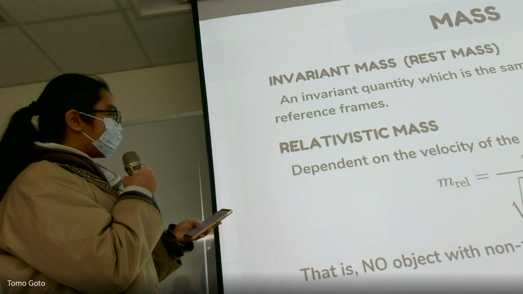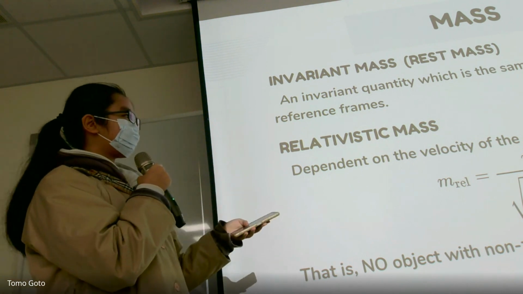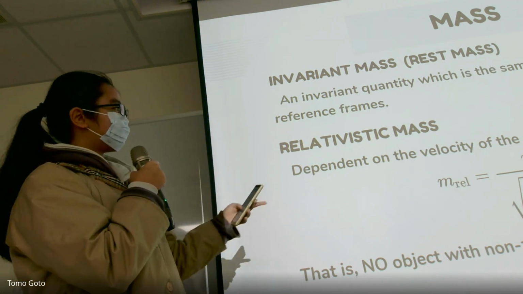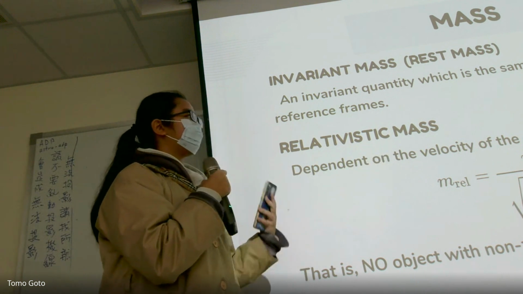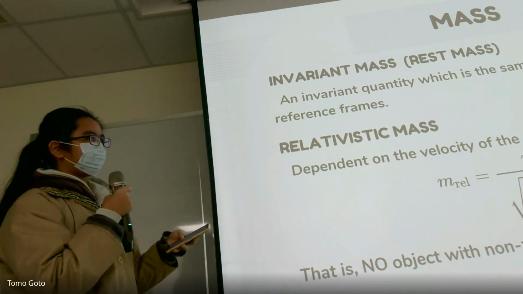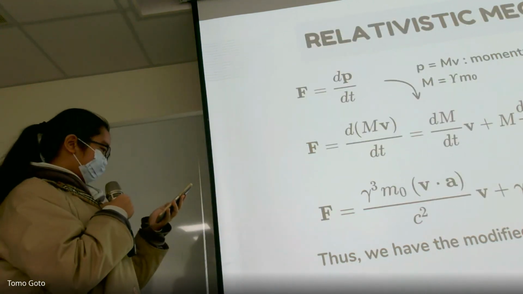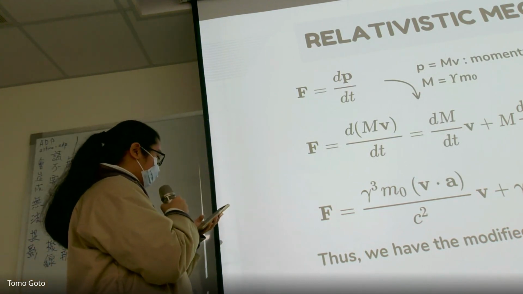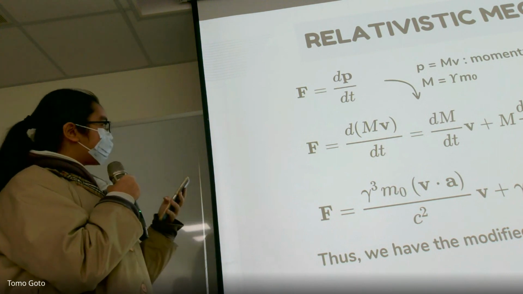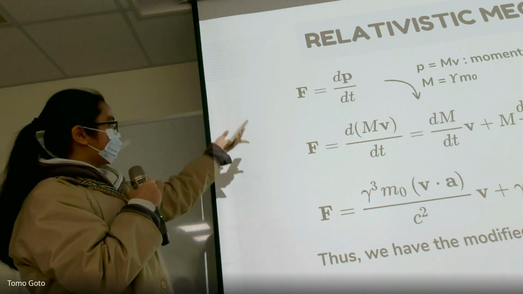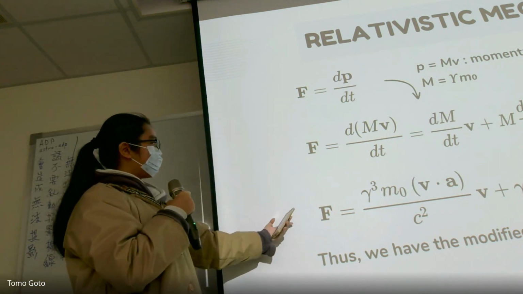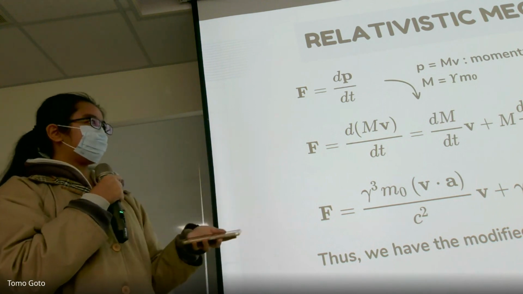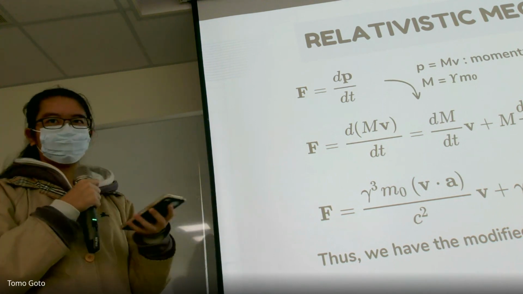It means that no object with non-zero mass can reach the speed of light, because the value under the root cannot be negative. With that equation, we can modify Newtonian mechanics to make it wider, so it becomes a generalization of Newtonian mechanics.